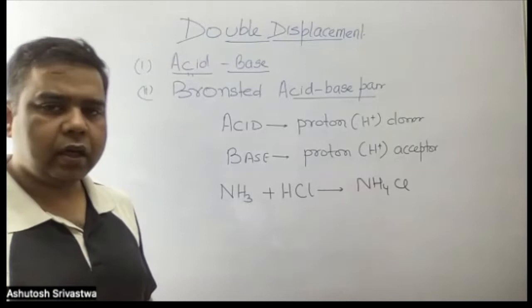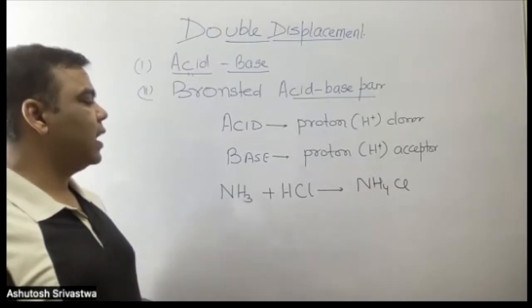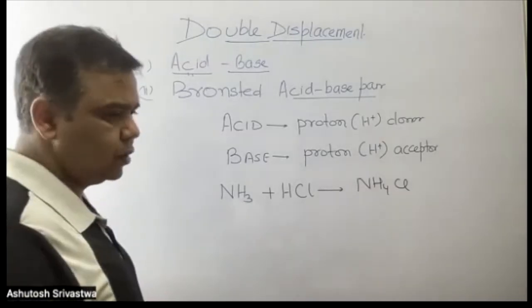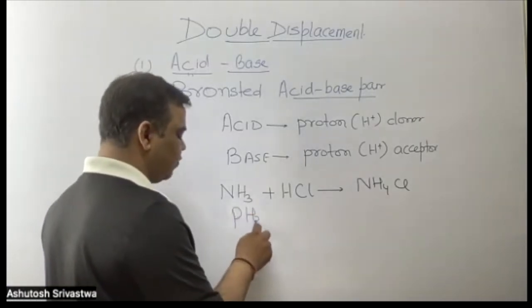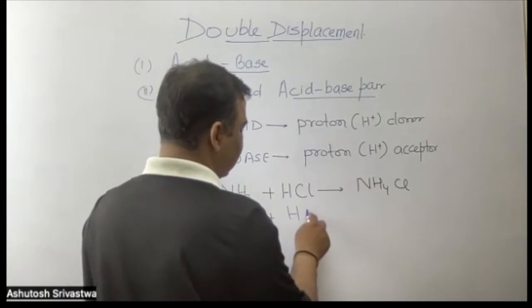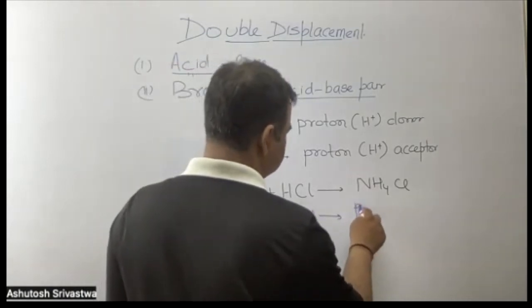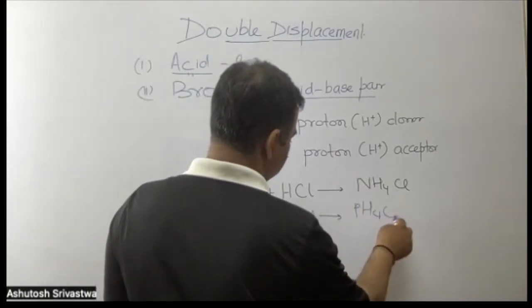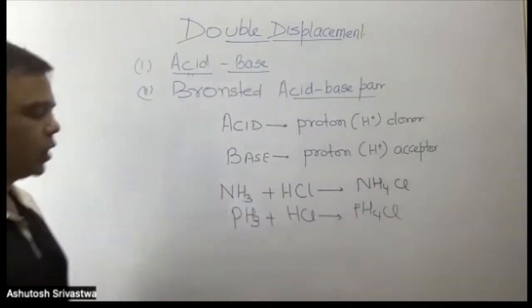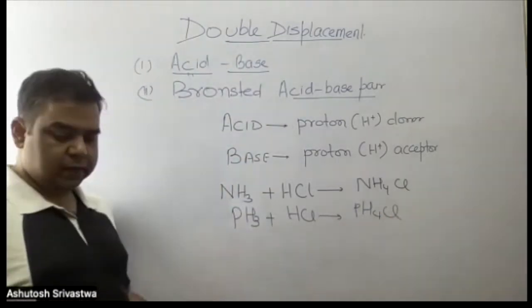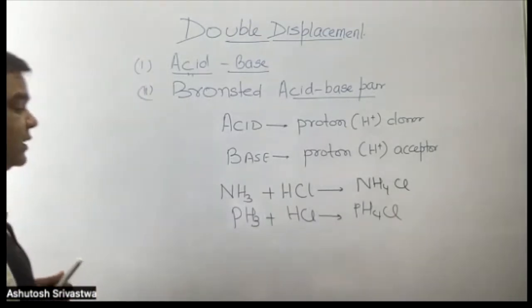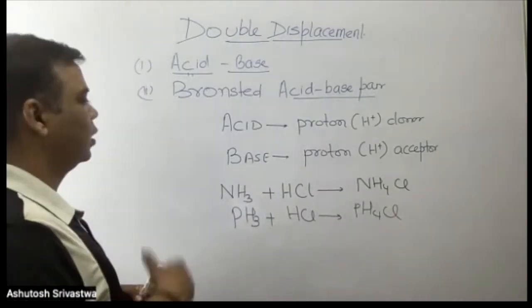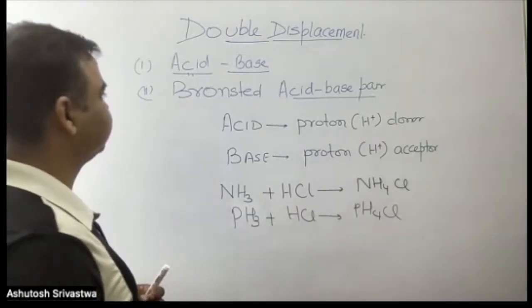Is it okay? Clear? Bronsted acid base pair. So ammonia is one, we can have phosphine, PH3 is one, which can react like this also. Okay. So reaction with acid base is something proton donor and proton acceptor wise. This is the second one.